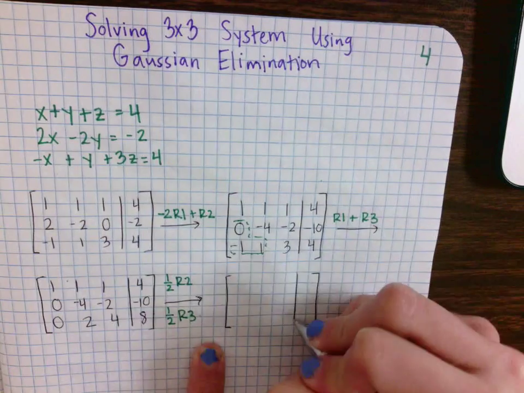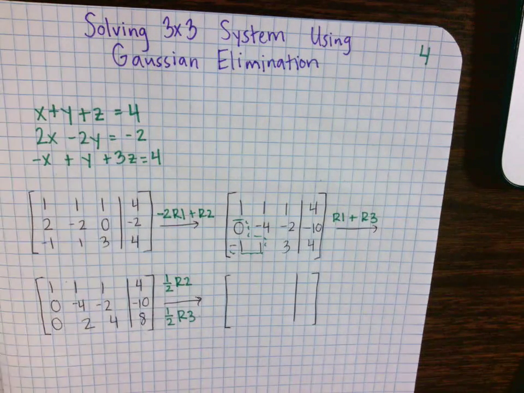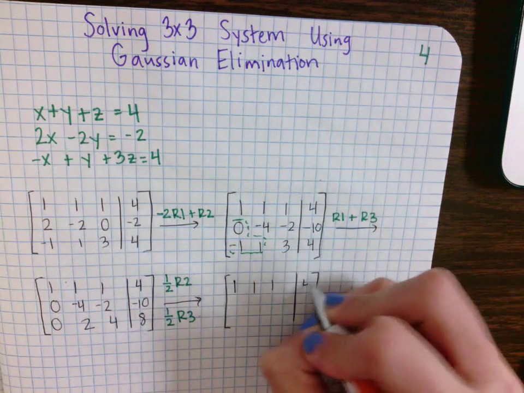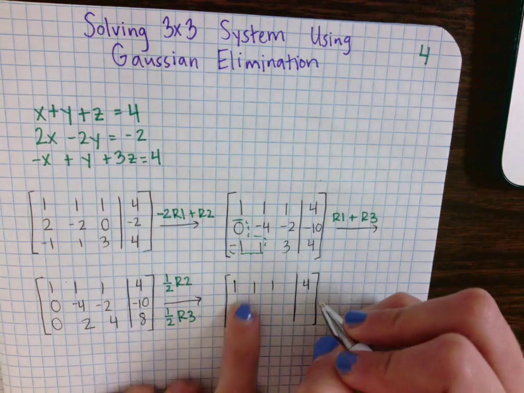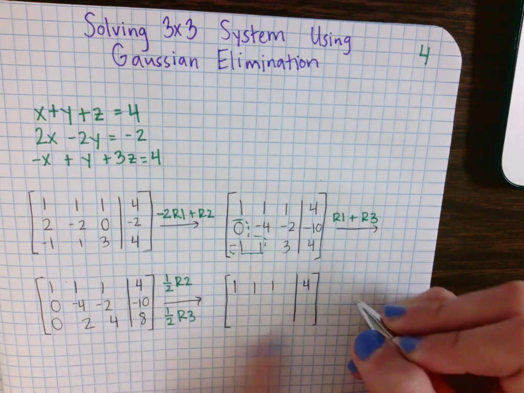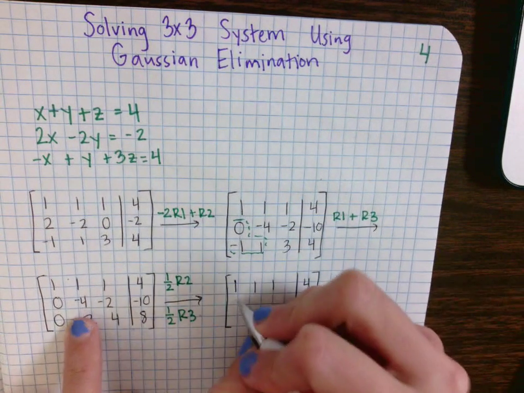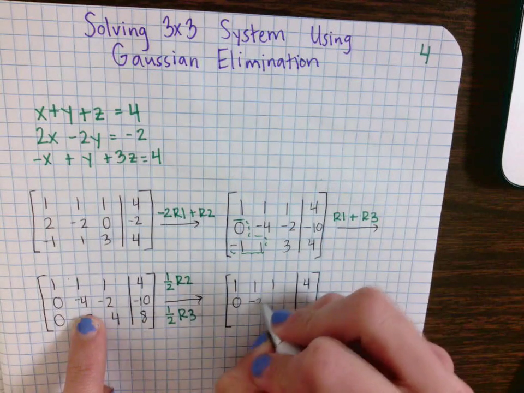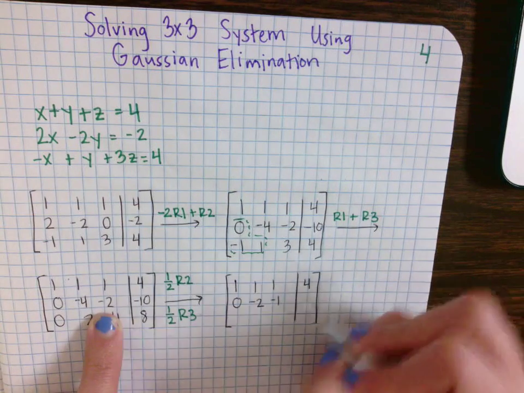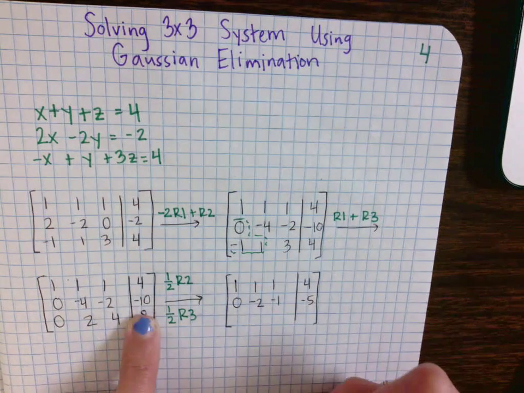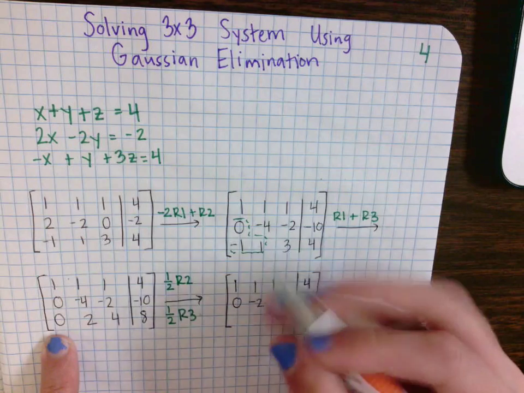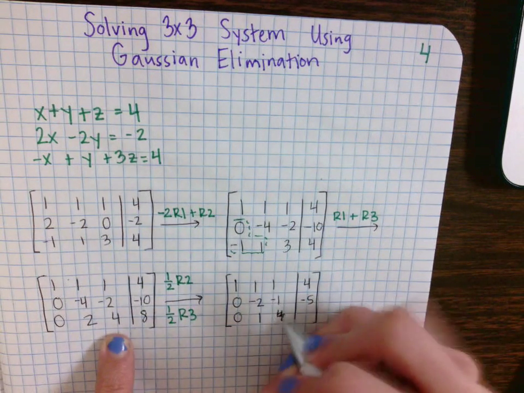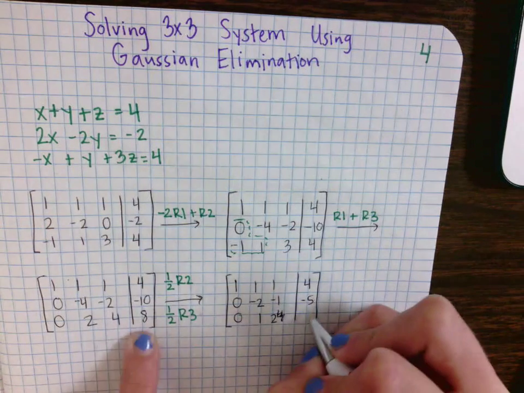It's cool with matrices, you can multiply, you can switch rows, and it doesn't really change anything because it still stays balanced. So from here you get 0, negative 2, negative 1, and negative 5. And then multiplying row 3 by 1/2 gives 0, 1, 2, and 4.